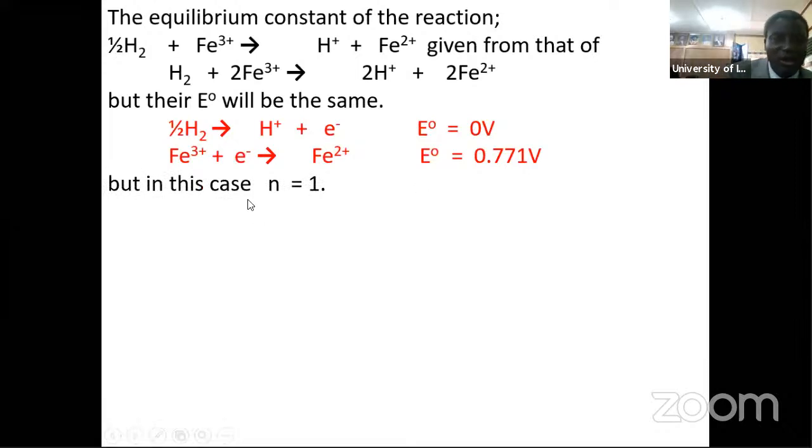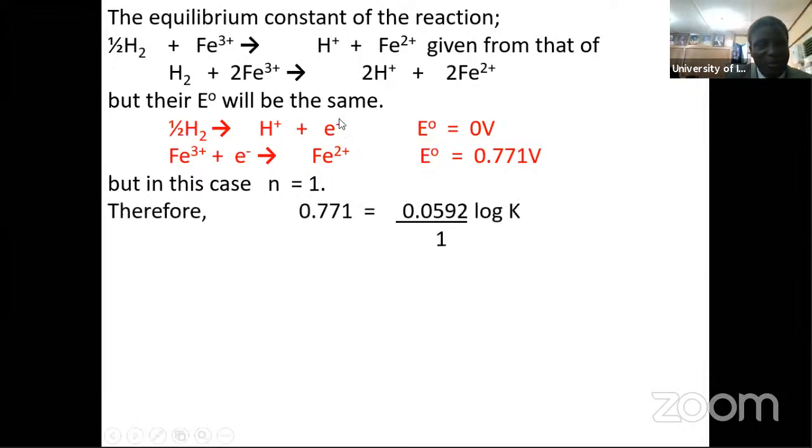Now, if you get your final equation, the major problem here is that in the net equation you only have one electron that is used. Is that okay? You have just one electron. If you have one electron and you decide to calculate here, you discover that the value of your K is going to be different from what you got earlier.